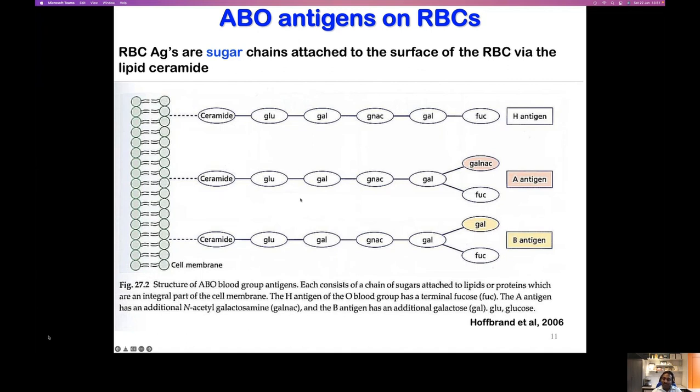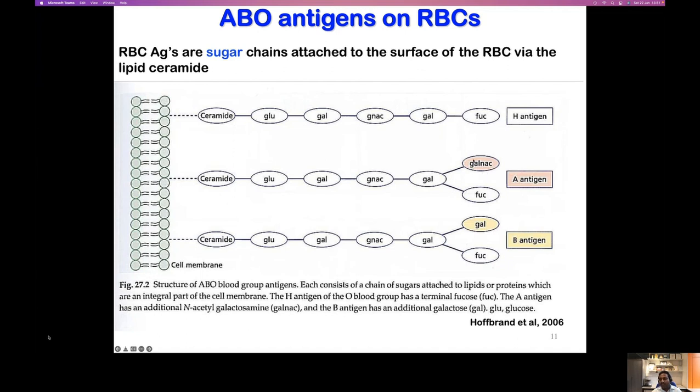But when you come to A blood group, they will have the same ceramide molecule, glucose, galactose, N-acetyl galactosamine, galactose sugar, and the fucose molecule, everything exactly the same as O blood group. But in addition, they will have an additional sugar molecule in the terminal region.